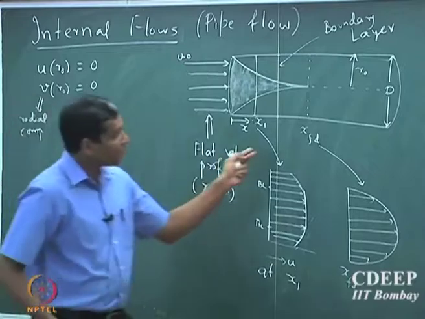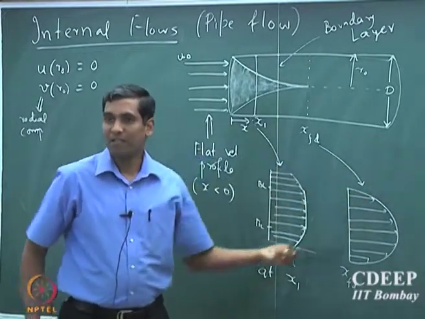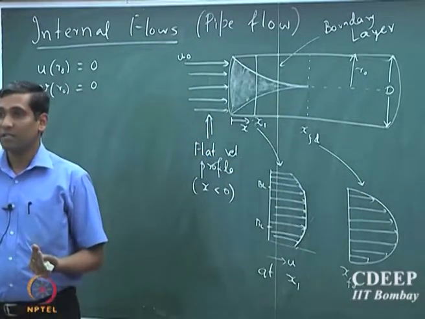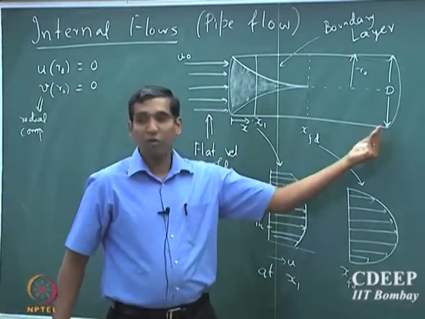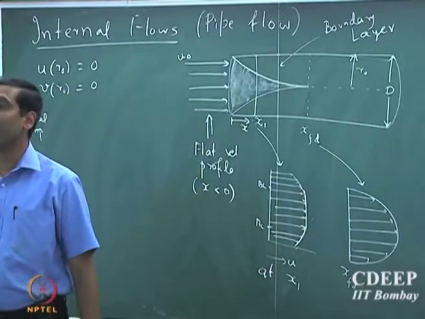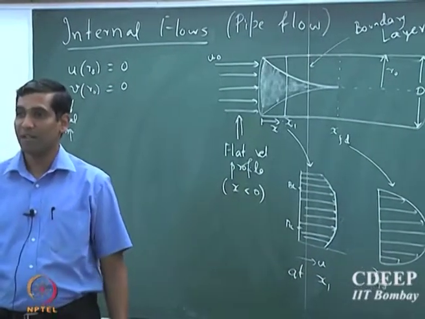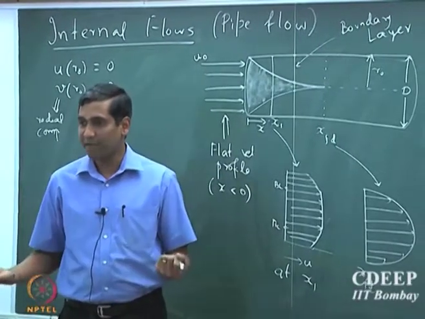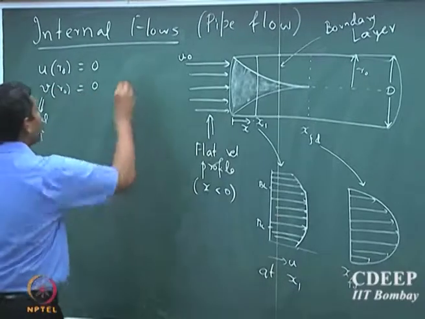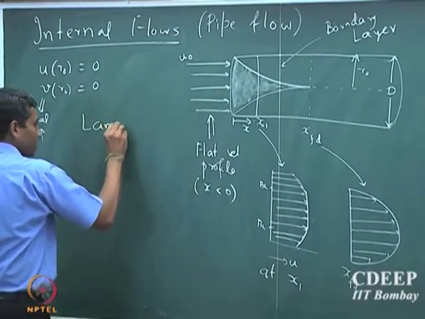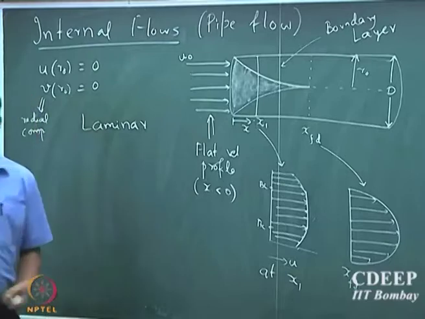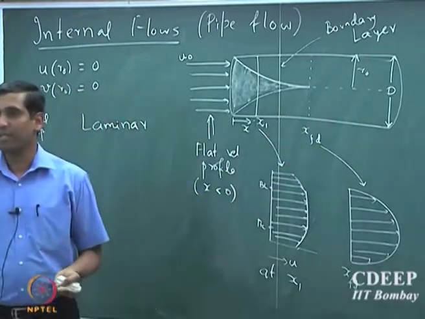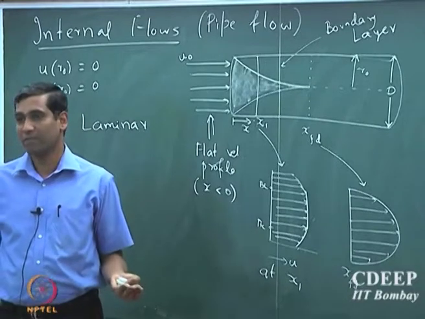Anywhere after the fully developed regime, the velocity profile will continue to remain the same as long as the regime does not change. You could go from laminar to turbulent, and the profiles are different. So let us assume that we are looking at laminar profiles. In the laminar regime, as soon as you cross the fully developed regime, the velocity profile does not change anymore.